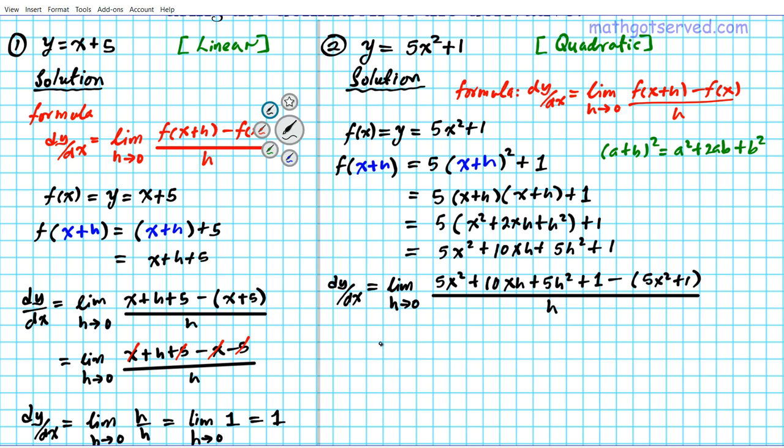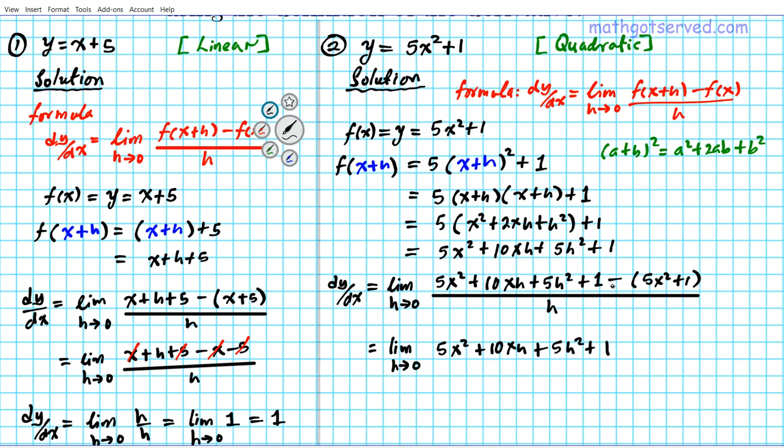Okay, all right, so let's go ahead and simplify that. So we have a distribution action happening on the leftmost side. So we have 5x squared plus 10xh plus 5h squared plus 1.